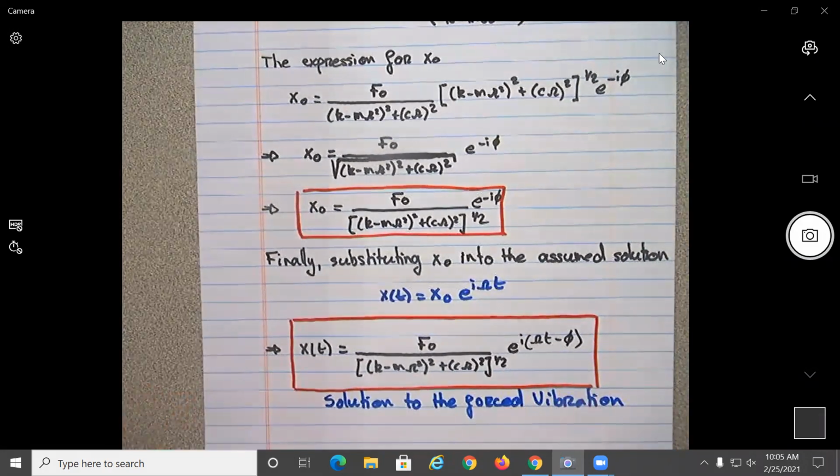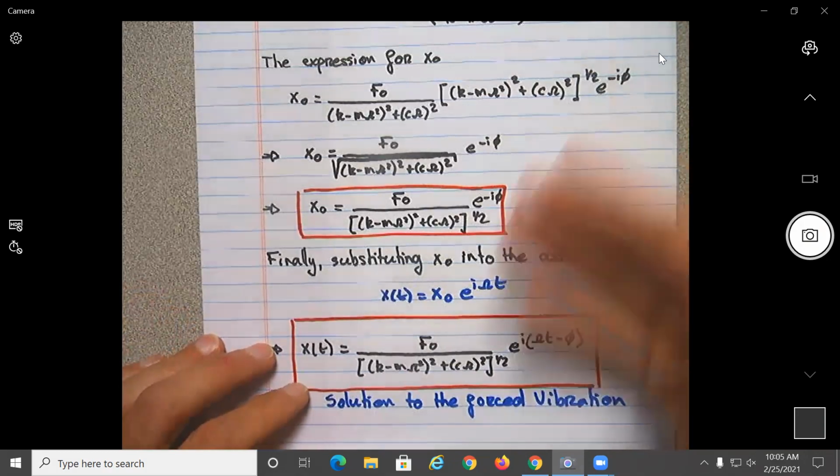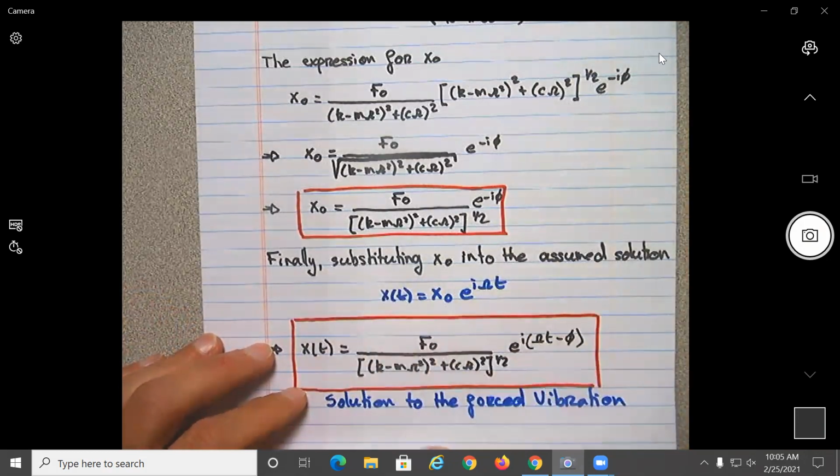Okay, so this is basically the response, but like I just said before starting this derivation, I like this notation, but in the textbook, they use more the notation with the damping ratio, okay? So let's just rewrite this solution in function of the damping ratio.